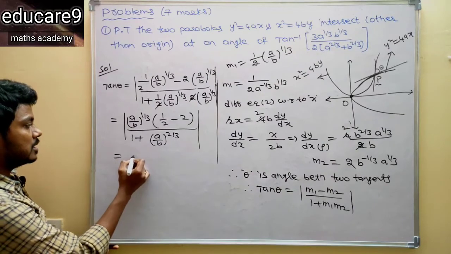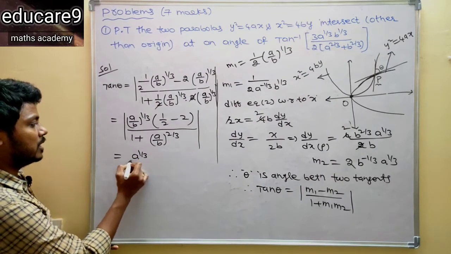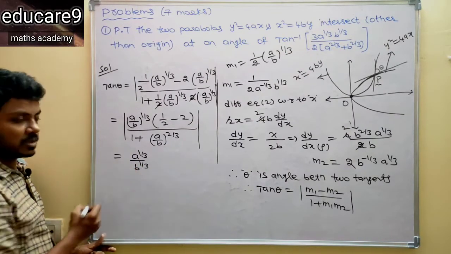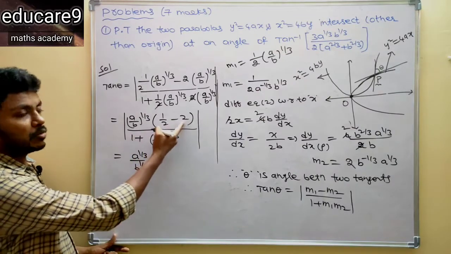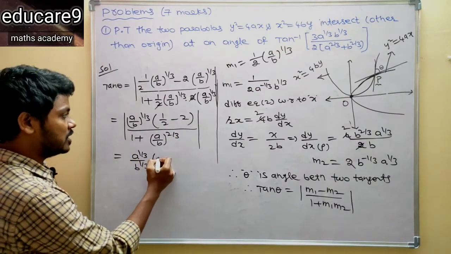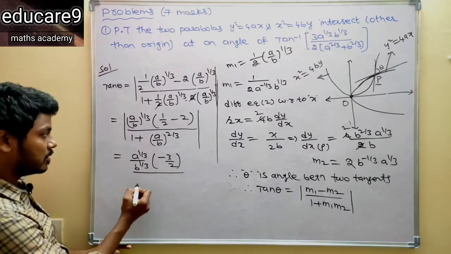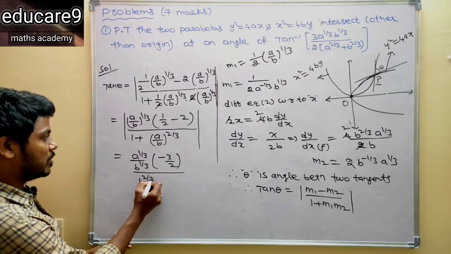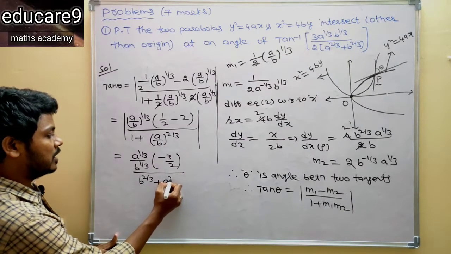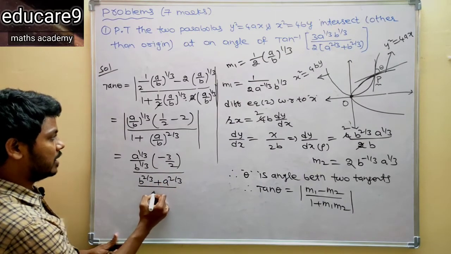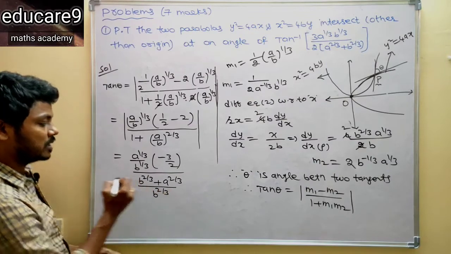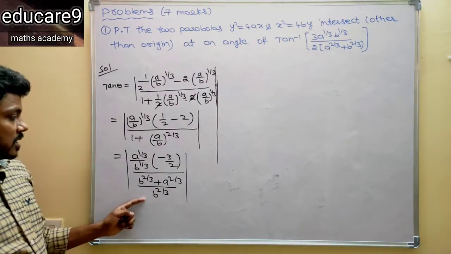Again, this is a power 1 by 3 by b power 1 by 3. So 1 by 2 minus 2 is minus 3 by 2. Divide by b power 2 by 3 plus a power 2 by 3 by b power 2 by 3.